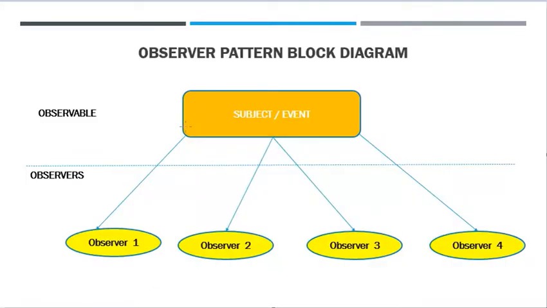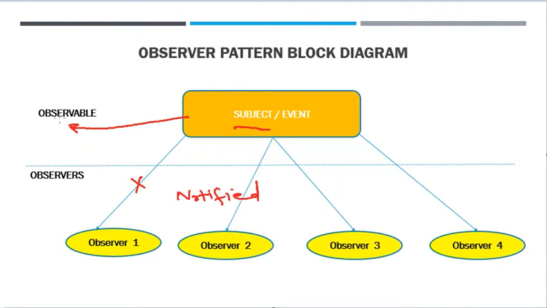So the observer design pattern is a behavioral pattern. This means that some subject changes its state, and based on this state, the observers are notified. A list of observers are notified, and this list of observers is maintained in the subject. So the subject can add an observer to the list or remove an observer from this list. The subject is also called an observable.